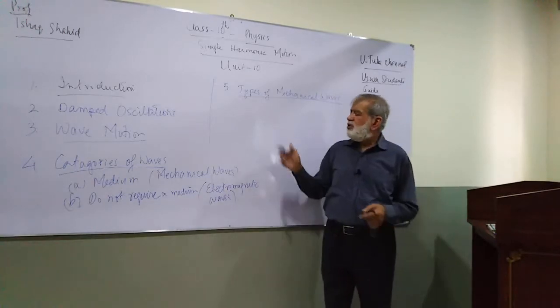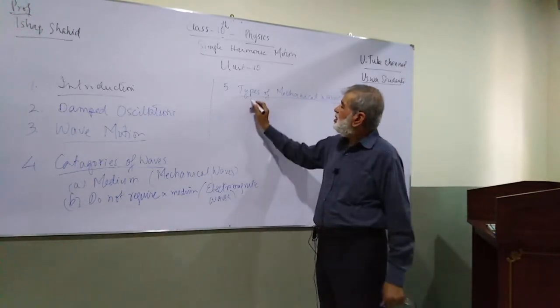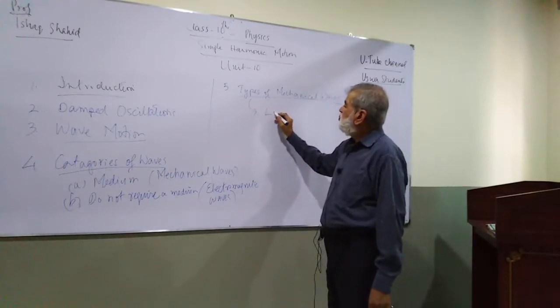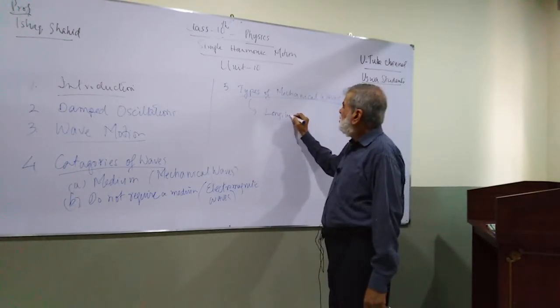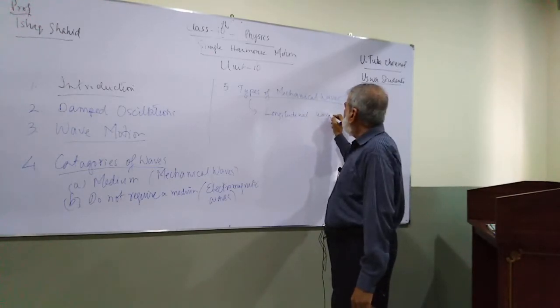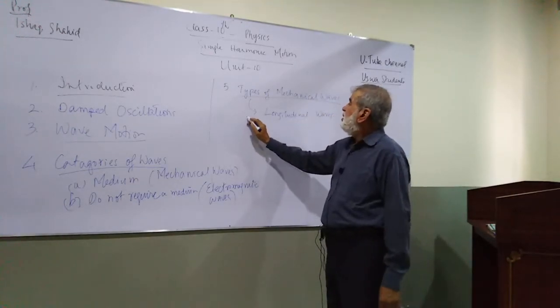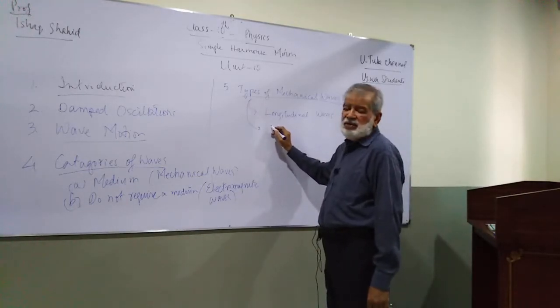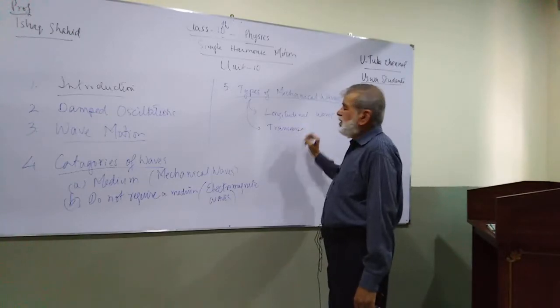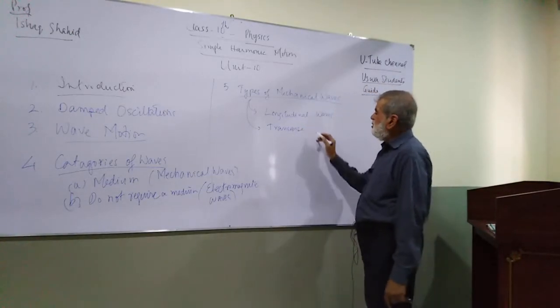Now there are two types: one in which the particles of the medium vibrate longitudinally, and the second in which the particles of the medium vibrate at right angles to the direction of propagation of the wave.